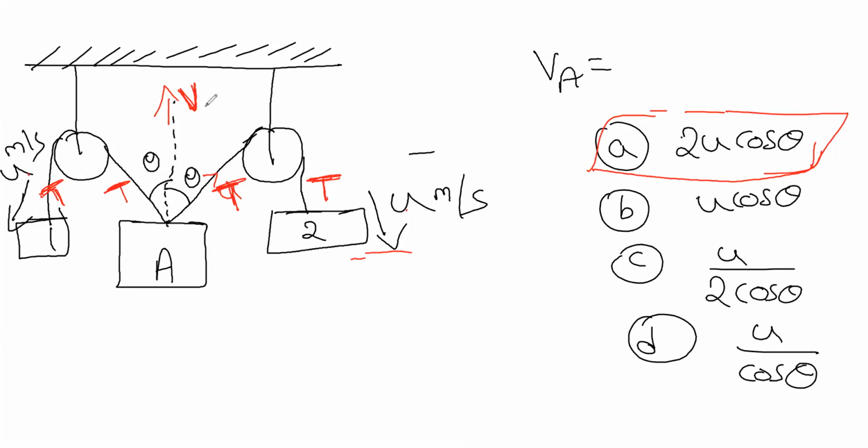When the first body and second body move downwards, the A block will move upwards. That's why I assume that. Now let's calculate. For the first block, T upwards and u downwards are in opposite directions, so it becomes minus Tu.